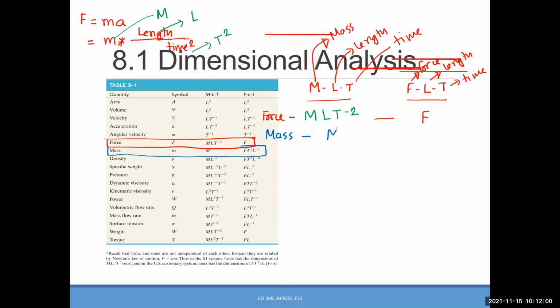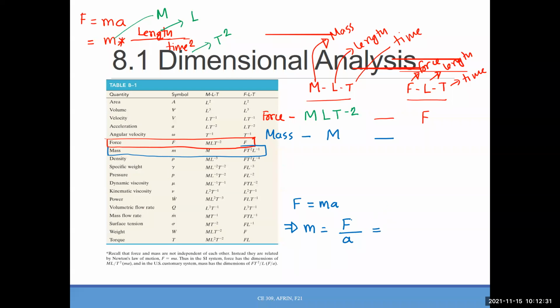You can just say it's mass M. Now for the FLT system, we need to again work with this one, F equals to MA, so M equals F over A, right?